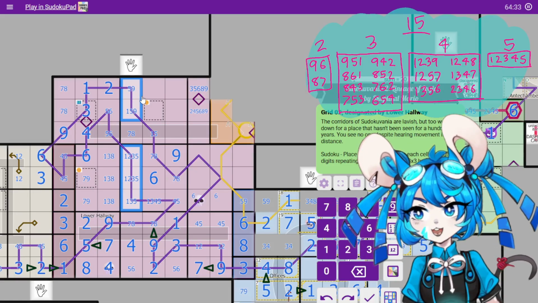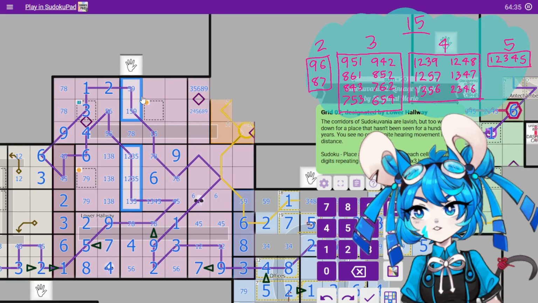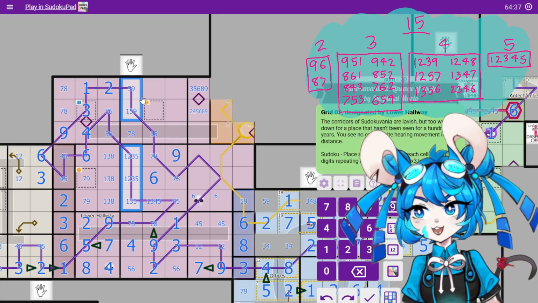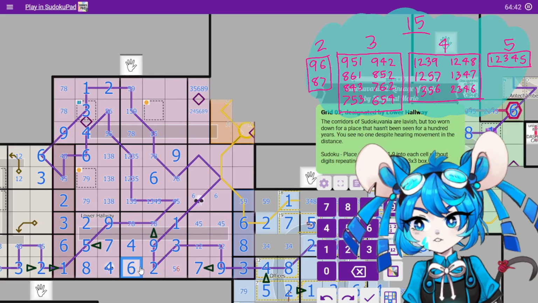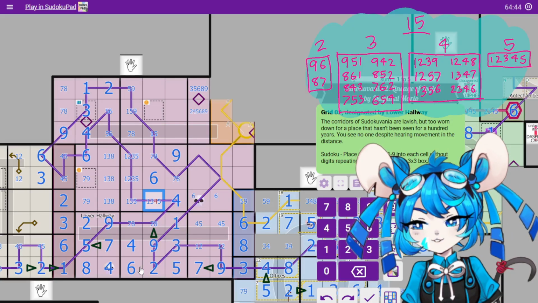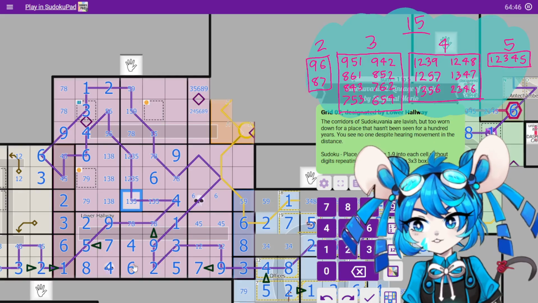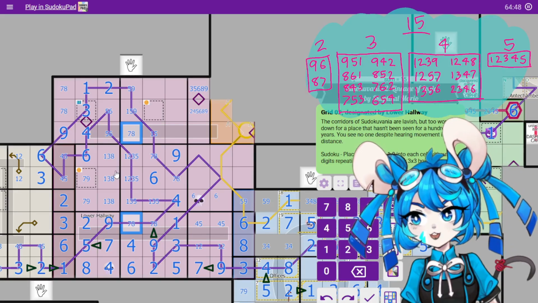Yes, this is indeed a 1, 2, 3, 5, 9 quintuple in this column. So that puts us 6 here, 5 here, 4 here, and also puts the 7, 8 here.